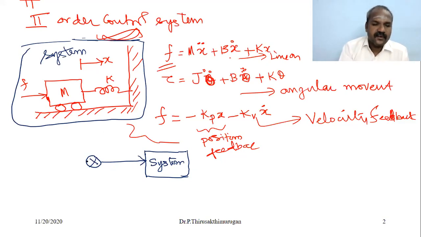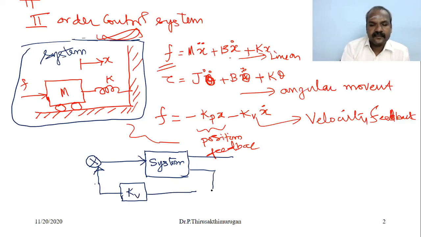Clear? From the system there are two feedbacks. One is Kv, velocity, x dot, the velocity feedback.